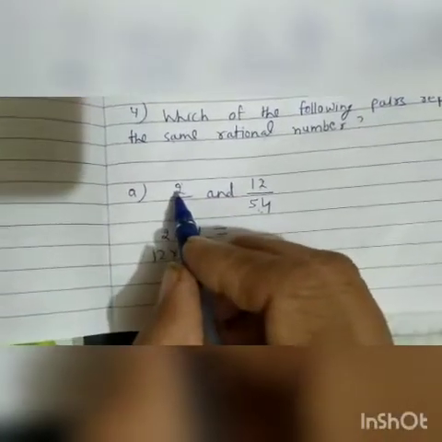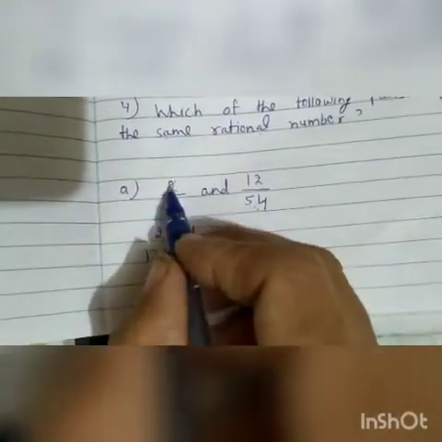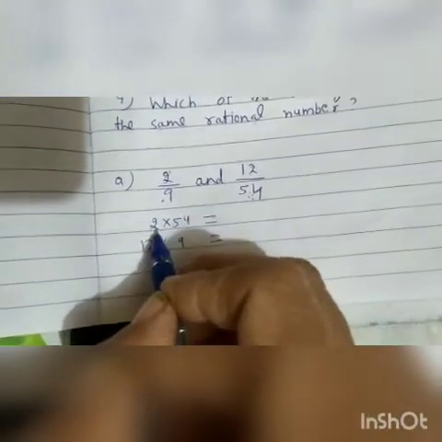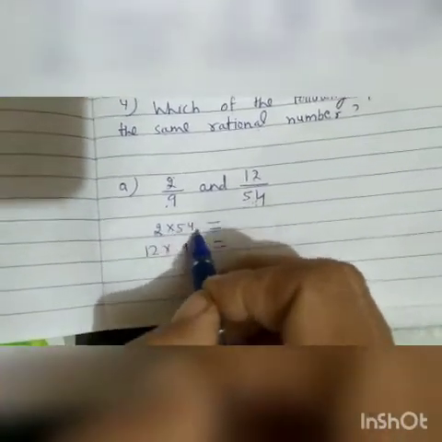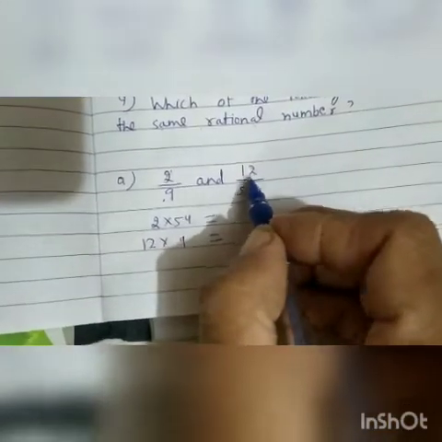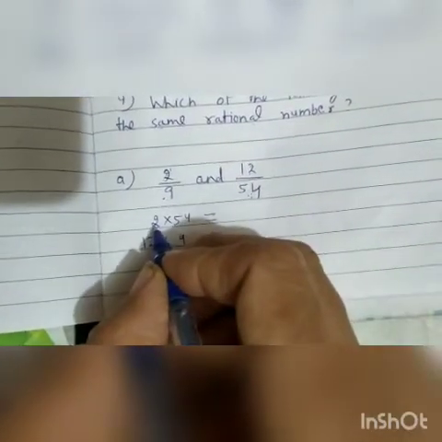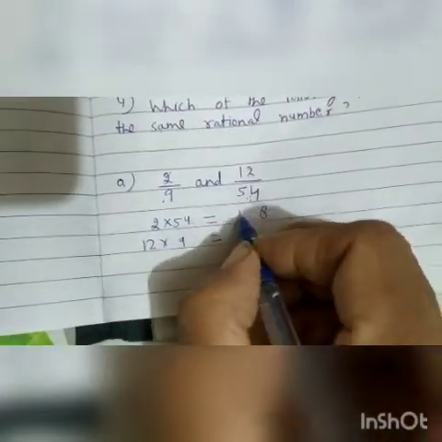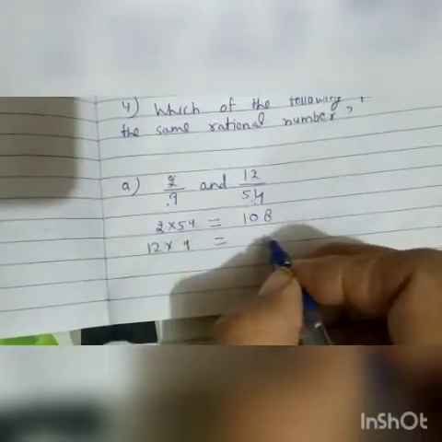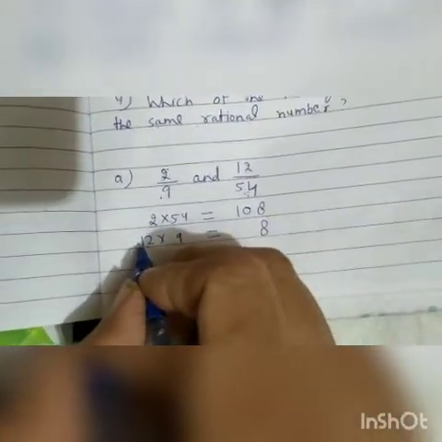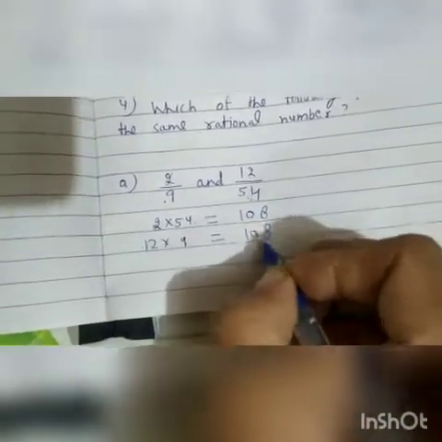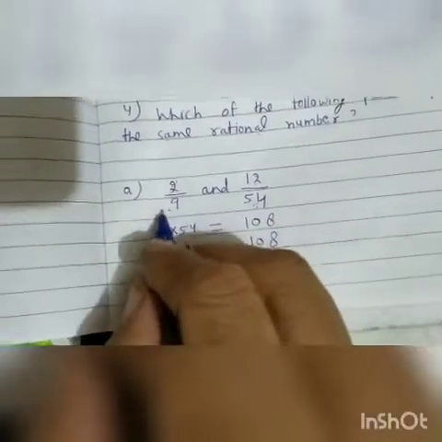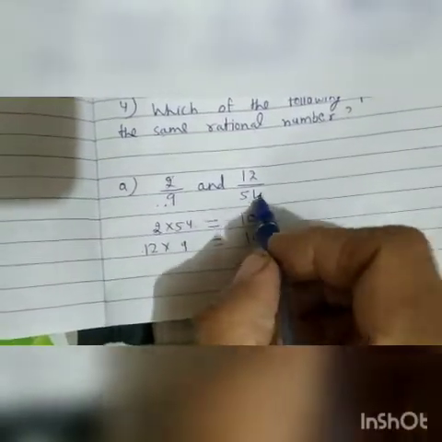Students, here I am writing numerator first. Here with 2 I am writing 54. So I have written 2 first, numerator. 2 into 54, then this numerator 12 into 9. When we multiply 2 into 54, 2 fours are 8 and 2 fives are 10. 9 twos are 18, and 9 ones are 9 and carry 1, 10. Both the products are same. If both the products are same, then both the given rational numbers are same.